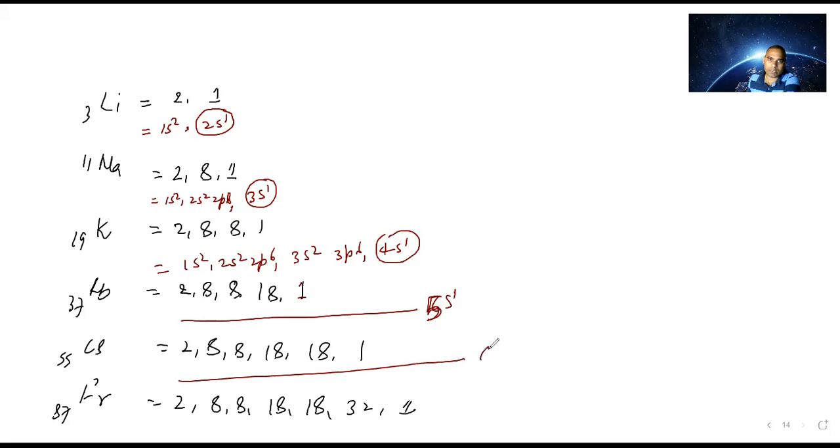For this one it is going to be 7s1. Yes or no?